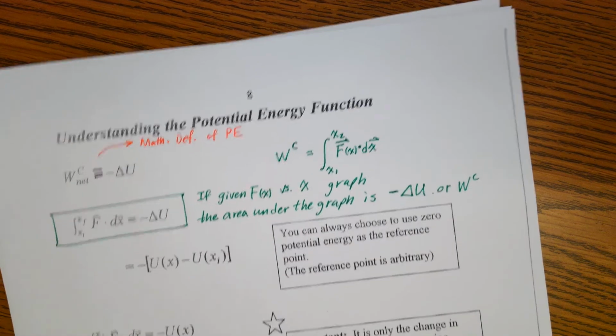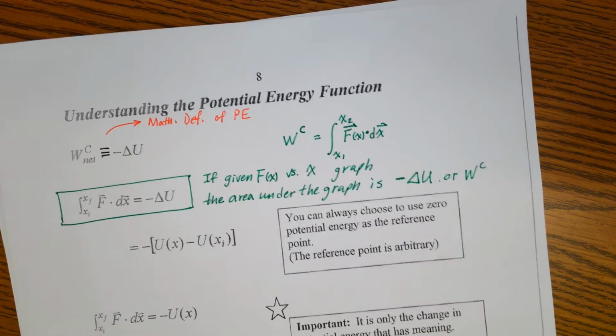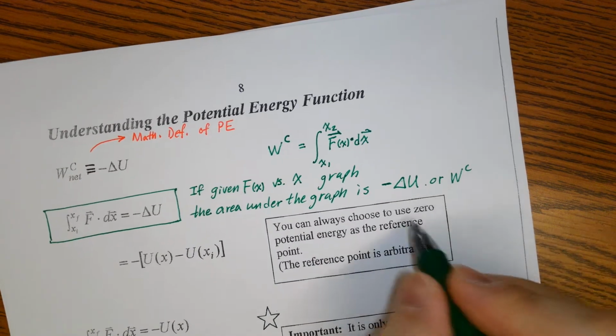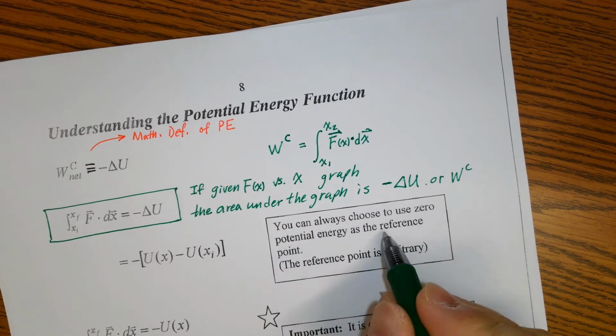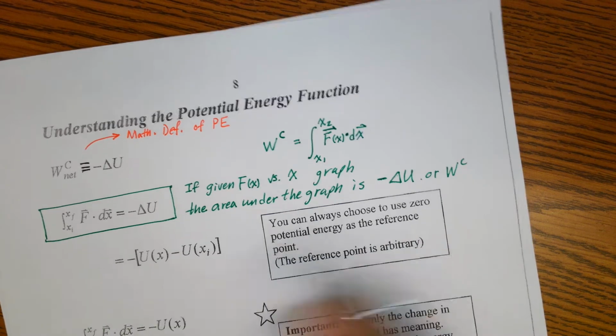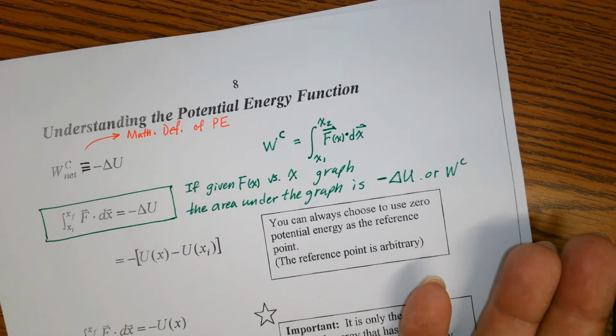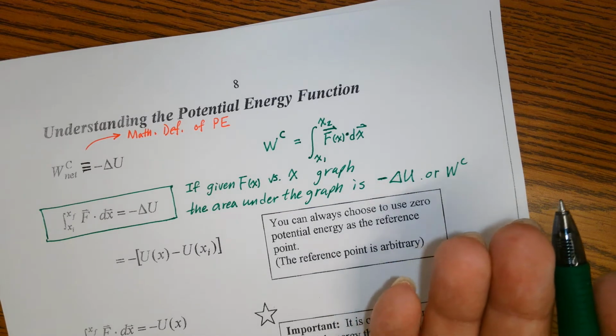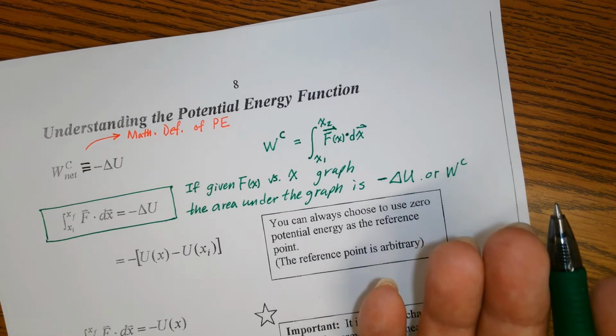Once we know that, you can always choose to use zero potential energy at the reference point of your initial point. It just makes sense that way. It's like always starting your stopwatch at zero because it's more convenient.